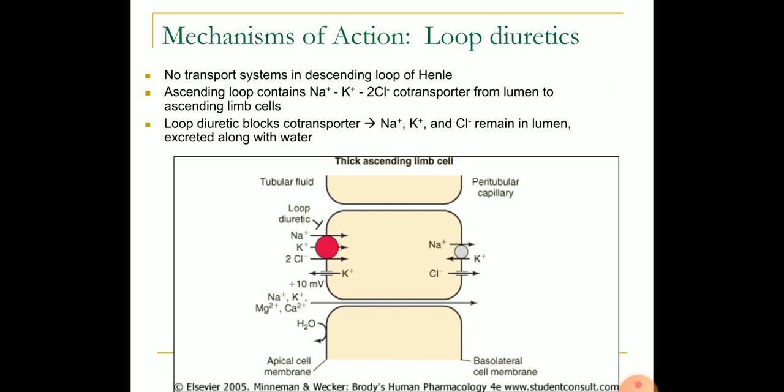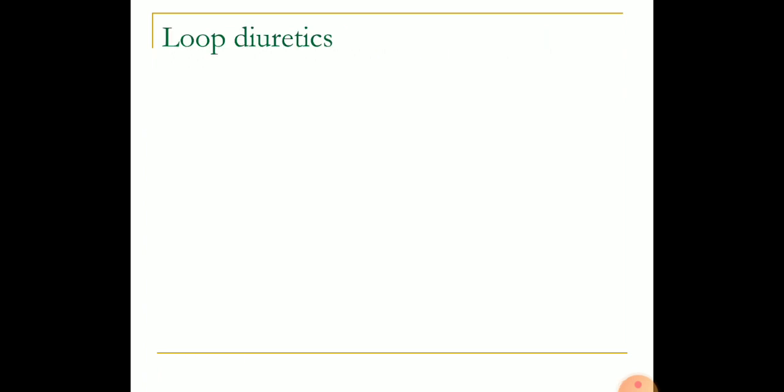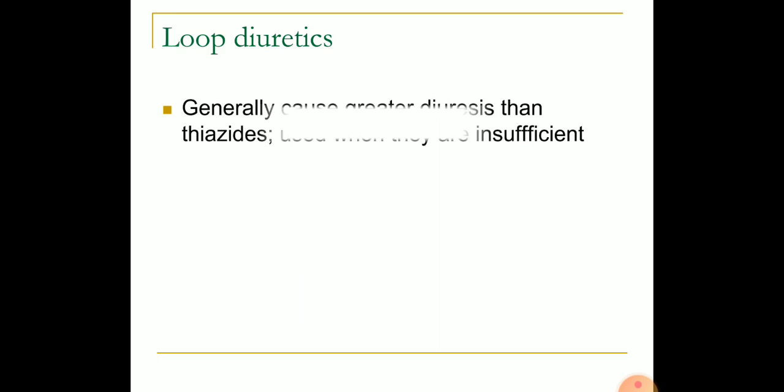So, these things are observable with drugs like furosemide. I will come to the mechanism a little bit later. Before that, we must know what the therapeutic uses of this kind of drugs are.